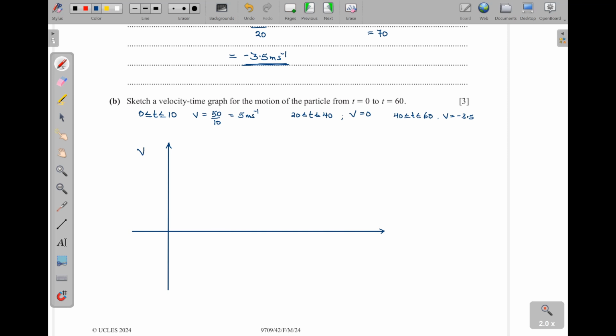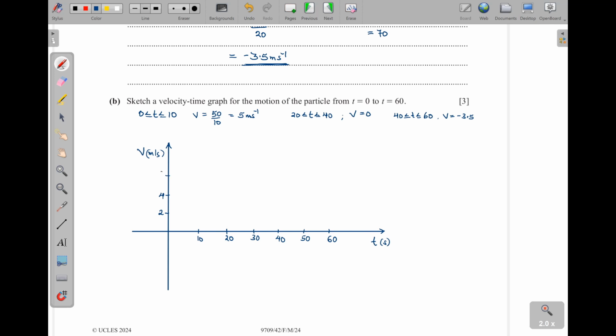This is velocity in meters per second. Then this is time in seconds. And then we shall mark, maybe this is 10, this is 20, 30. For the vertical one, I'm interested in the 5, so I'll just put a 5 here. There is a 2, maybe 4.